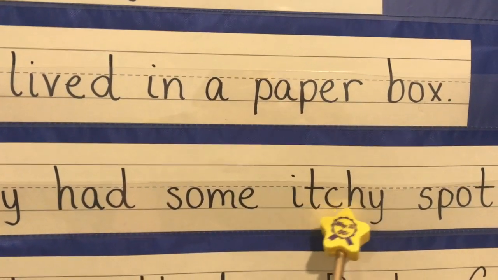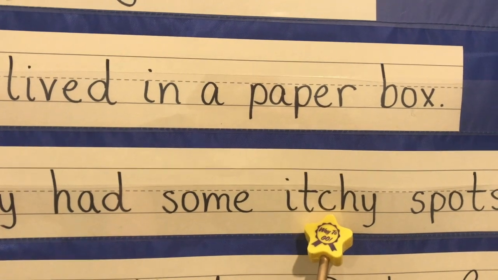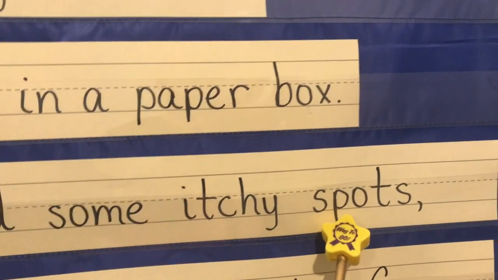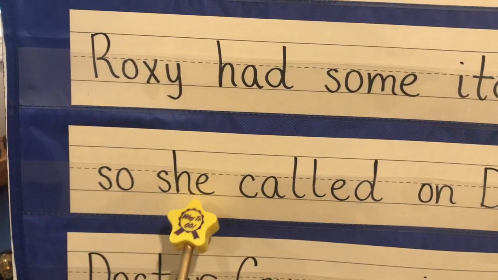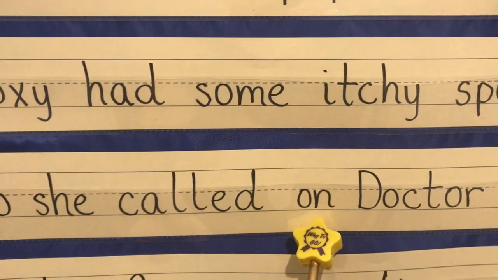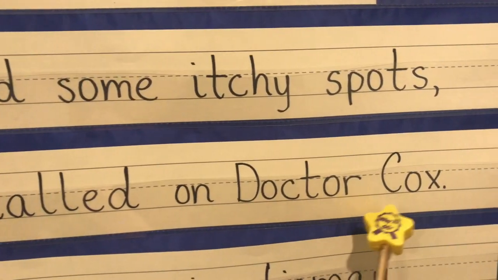This one has a TCH. That's a little different, but it still has that ch sound. And there's that Y that makes that E sound. Itchy spots. So she called, that's another sight word we've had, on Dr.